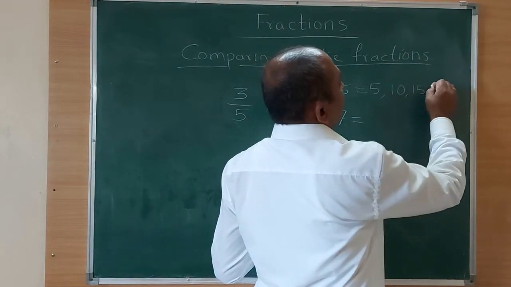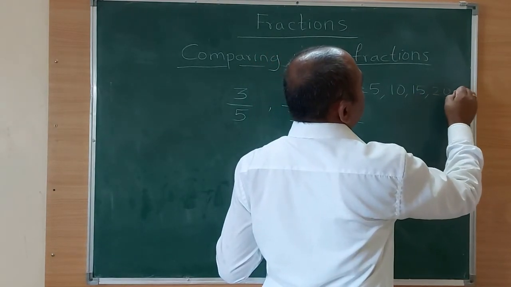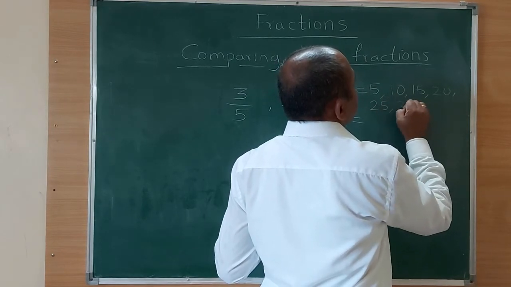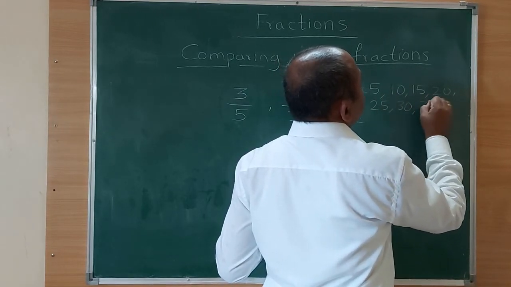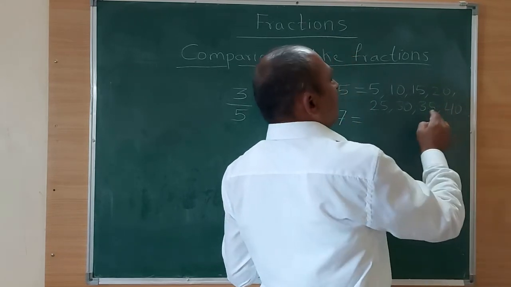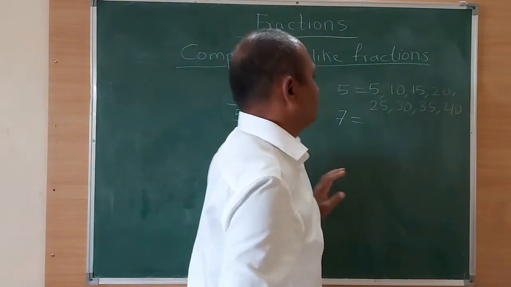5 4s are 20, 5 5s are 25, 5 6s are 30, 5 7s are 35, 5 8s are 40, and this will go on. Okay, I'll stop here for the time being.